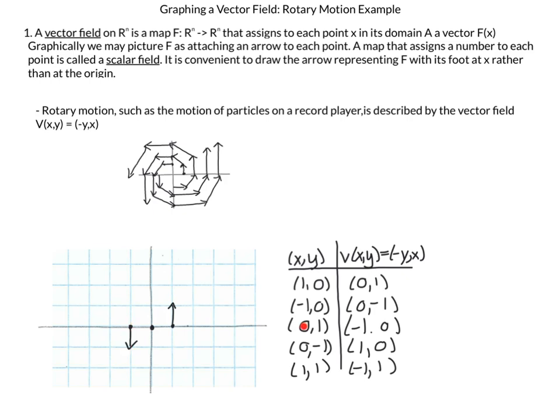Now we go to the point 0, 1. That's this point here. And I'm going to do this a little bit faster. I'll just dot it for now, so we can hold that thought. What I need at this point is the vector that is in the negative x direction by 1 unit and 0 in the y direction.